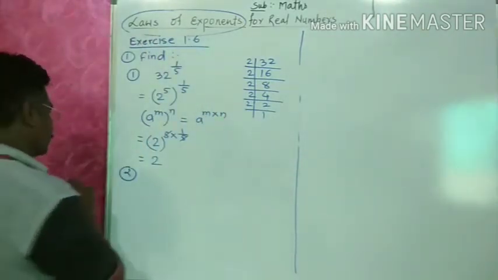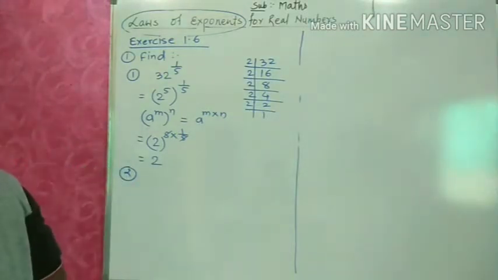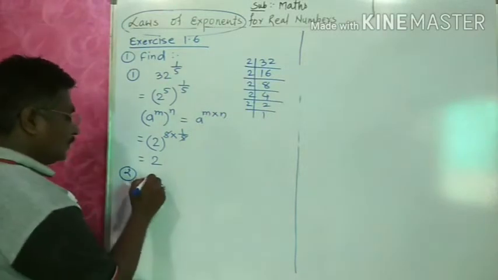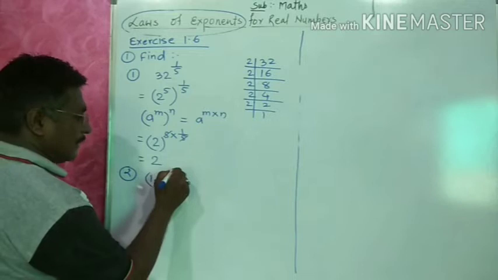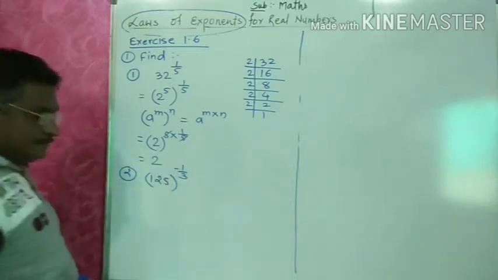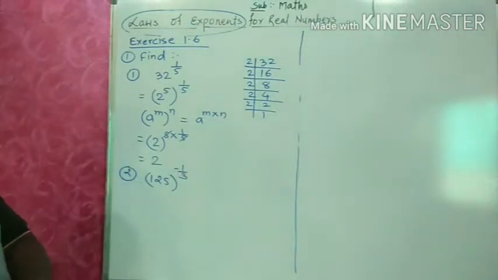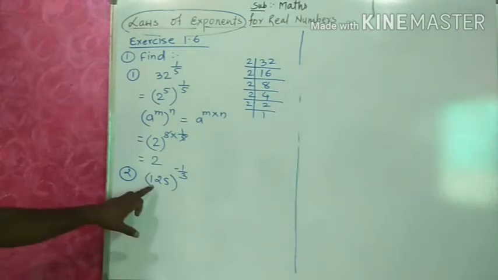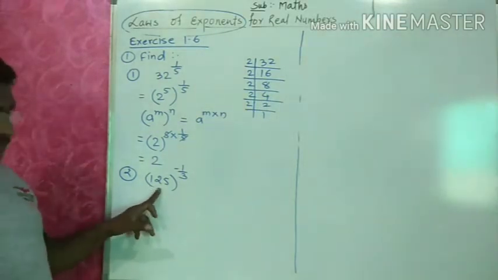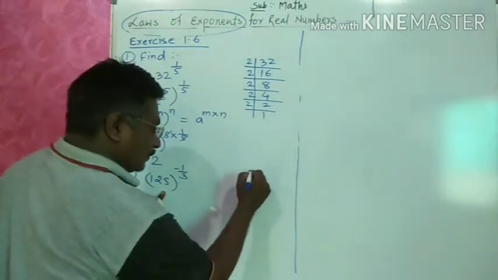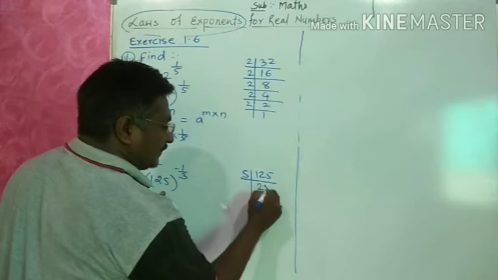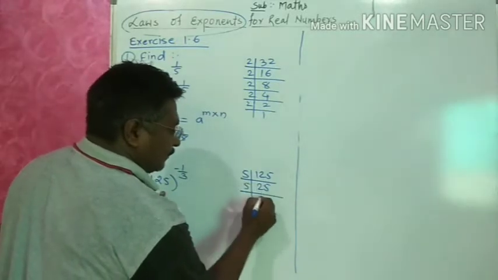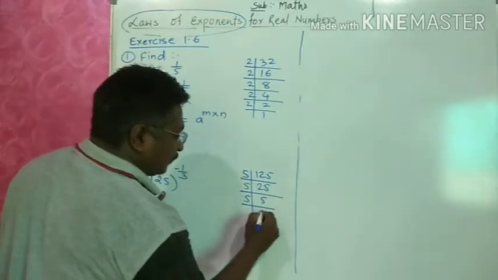Second, 125 raised to the power minus 1 by 3. This is the second example. Now how to solve? 125 prime factors: 5 25s are, 5 5s are, 5 1s are.